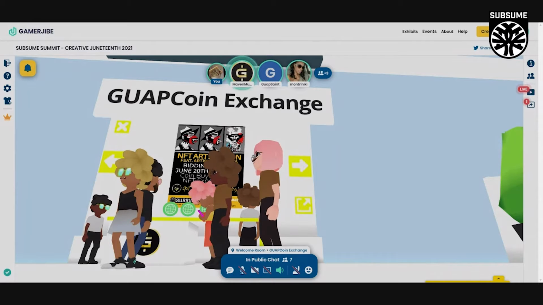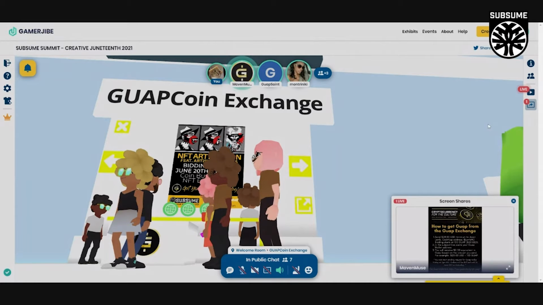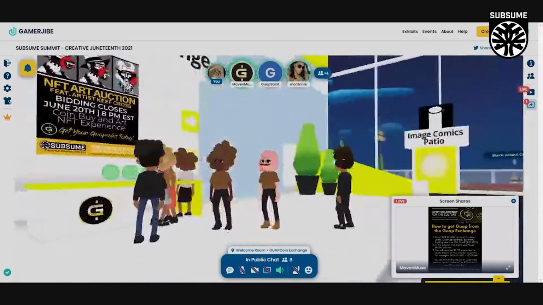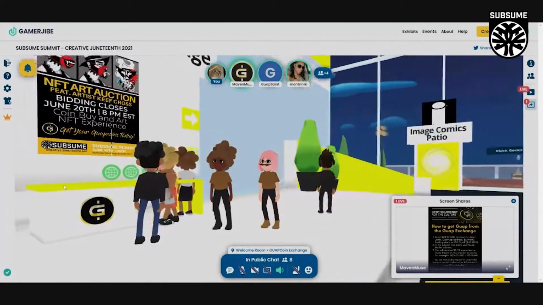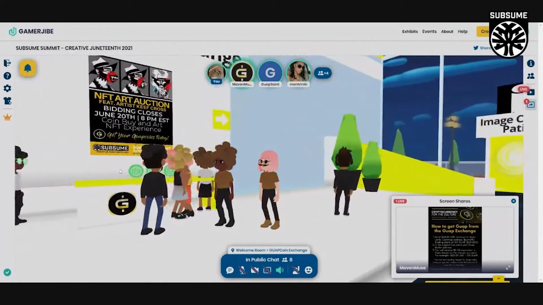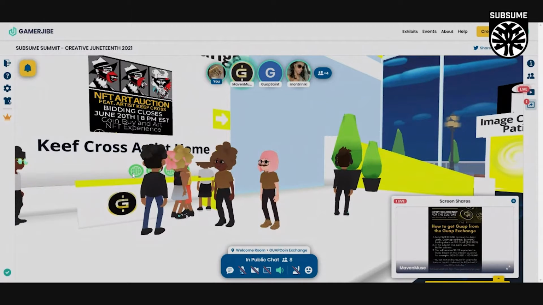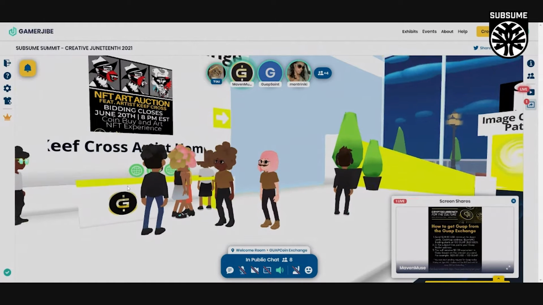We have 6 art pieces that will be presented here at Subsume Summit for Creative Juneteenth that's coming from Keith Cross. If you click on these little balls on the table, it will give you access to Keith Cross website, the information in regards to Guap, the tutorials, which will be really helpful.